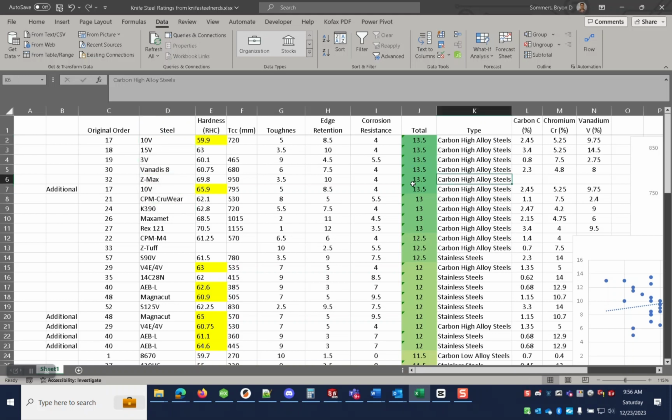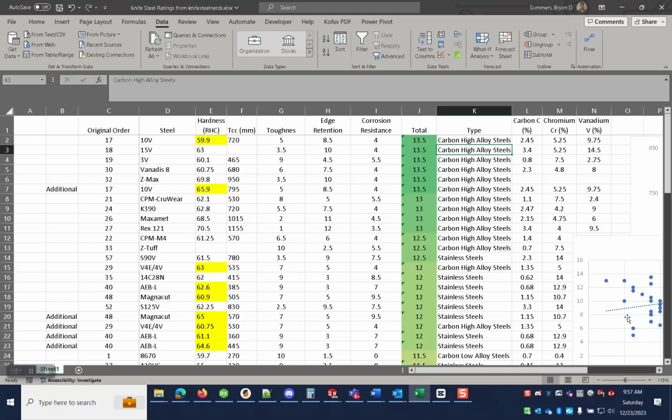We could do a double two-factor sort. Really, we could sort by total, but then also by hardness and maybe. Well, no, I guess that wouldn't make sense. We already factored that in when we were doing that scatter plot. In theory, higher hardness should have higher edge retention numbers.